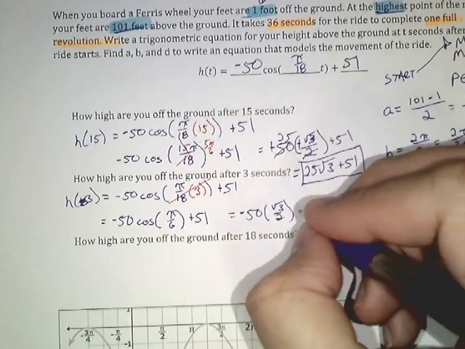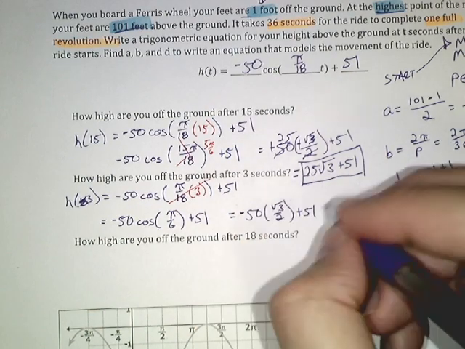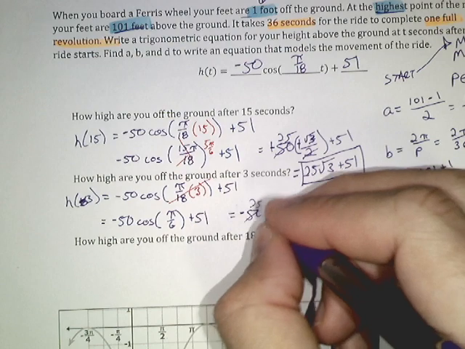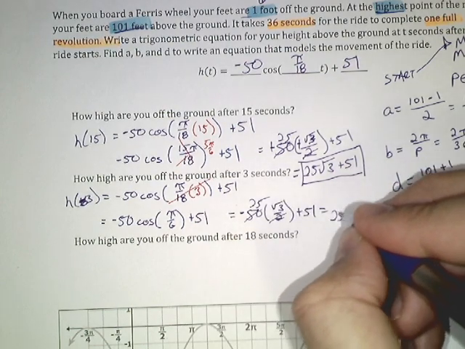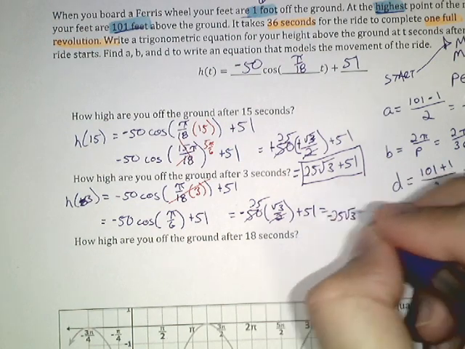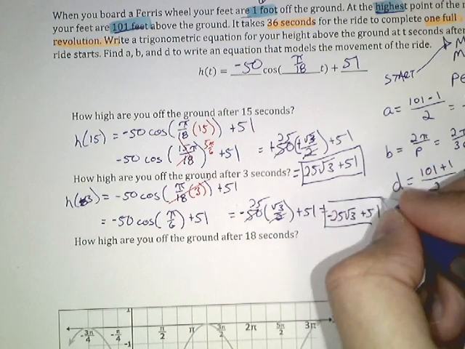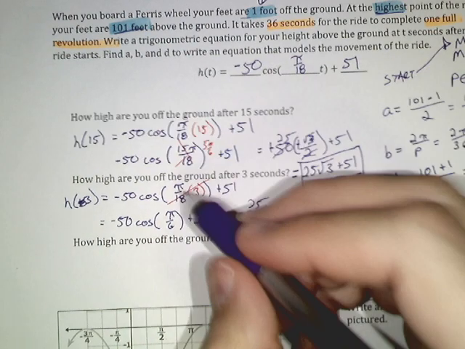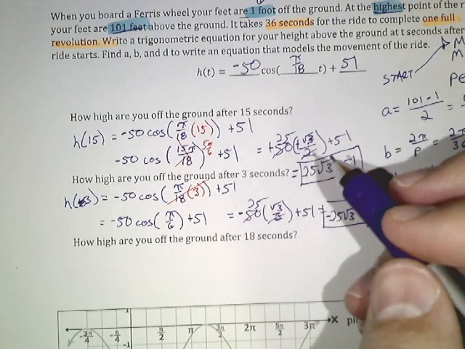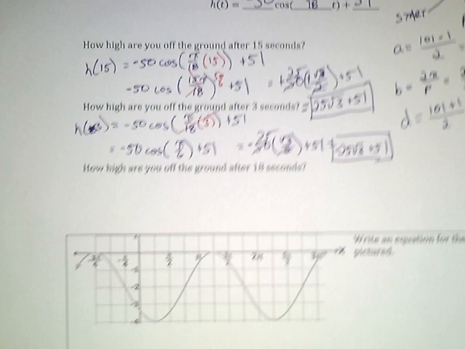Plus 51. We can actually simplify it. That becomes 25, that 2 goes away. So we end up with negative 25 square root of 3 plus 51 feet off the ground. Again, unsatisfying. I was trying to pick the right spot in my head. I missed by 1 spot on the unit circle.